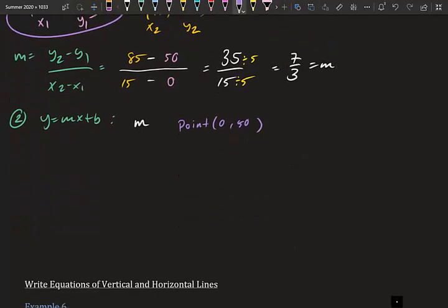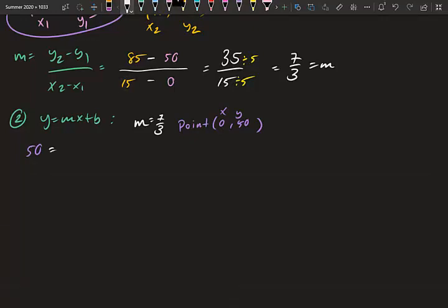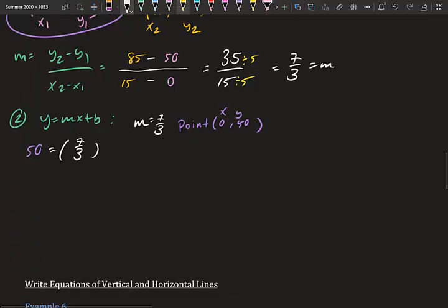And our m that we found was 7 over 3. So we have, we know what y and x are: 50 equals m, which is 7 over 3, times x, which is 0, plus b.